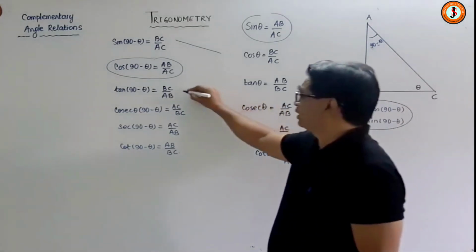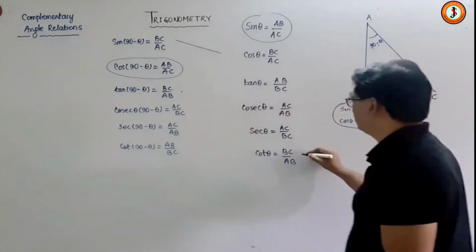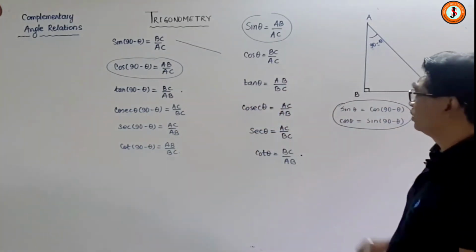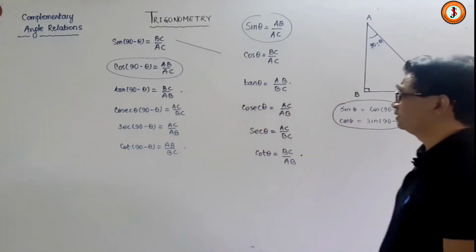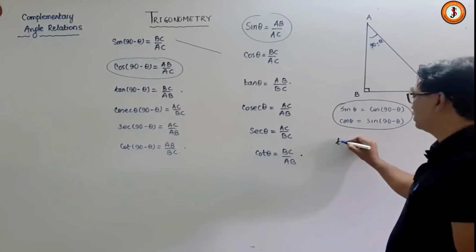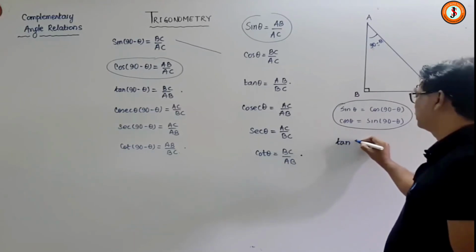Let us come to tan 90 minus theta, which is BC by AB, and cot theta. And here tan theta is equal to AB by BC, and cot 90 minus theta is equal to AB by BC. So tan and cot are complementary.